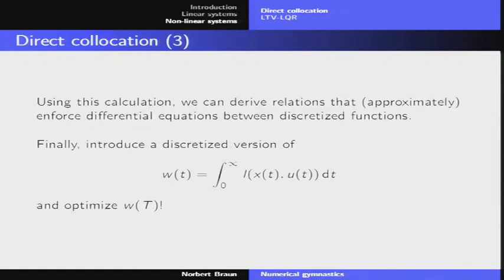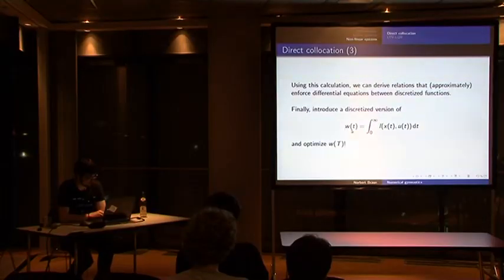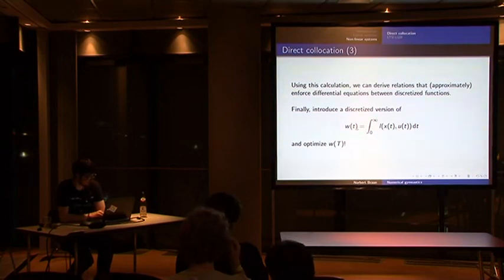And the last thing we do is that we introduce yet another discretized function, which is w of t. Now the function itself will be the integral of the path cost. We discretize it. Now of course this also fulfills the differential equation. You could just differentiate that, and then you get w dot of t equals that without the integral.